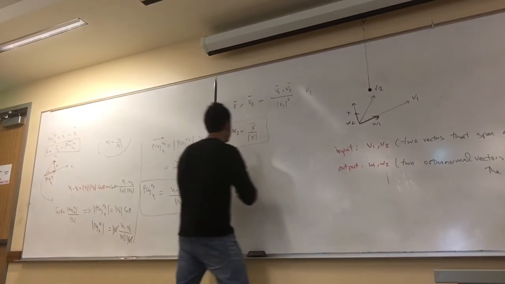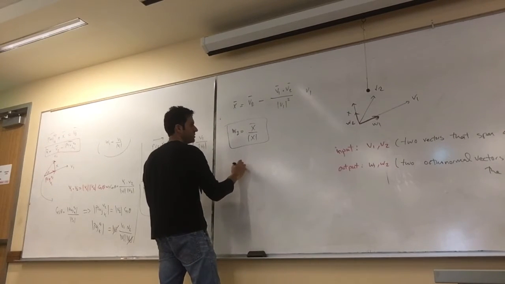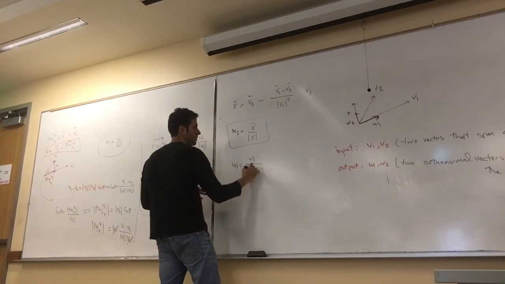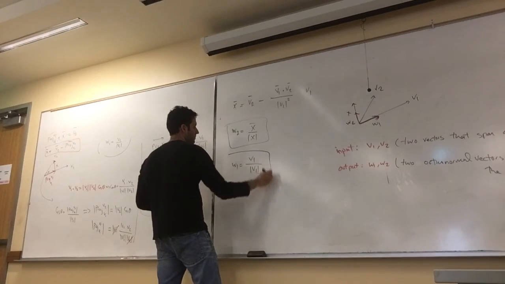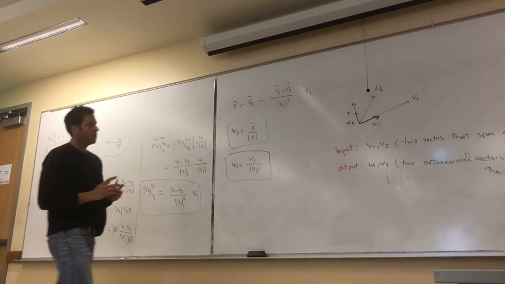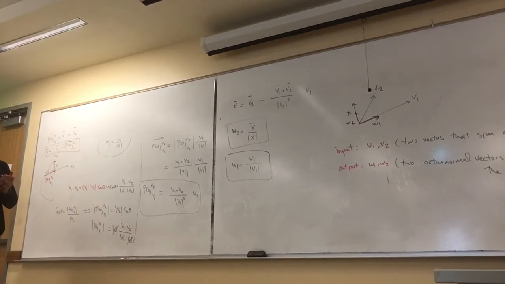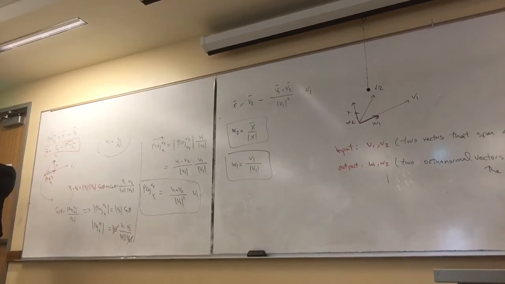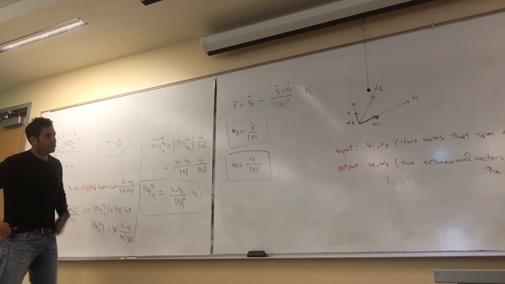W1, if you remember, is just V1 over the length of V1. So now I have two vectors that are orthonormal to each other. They both have a length of 1, and I can span this plane with those two vectors.